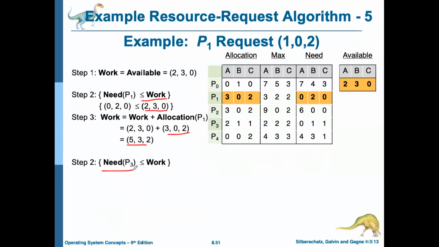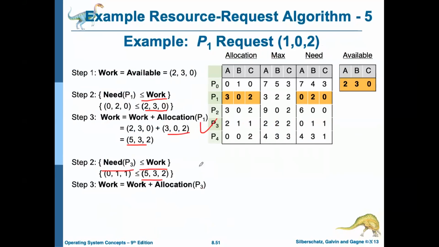Repeat again. For P3, we must check the work parameter. We have 011 for the need of P3. Check the work value, compare, is it true?